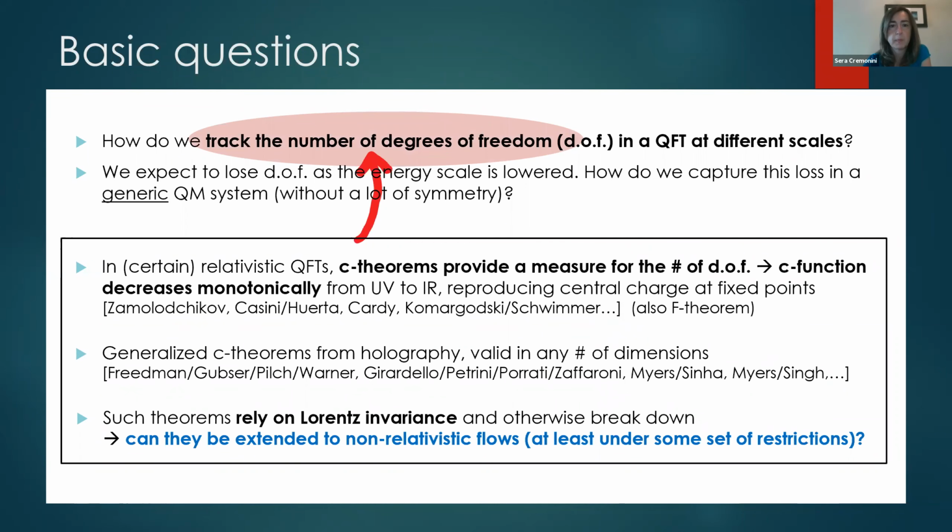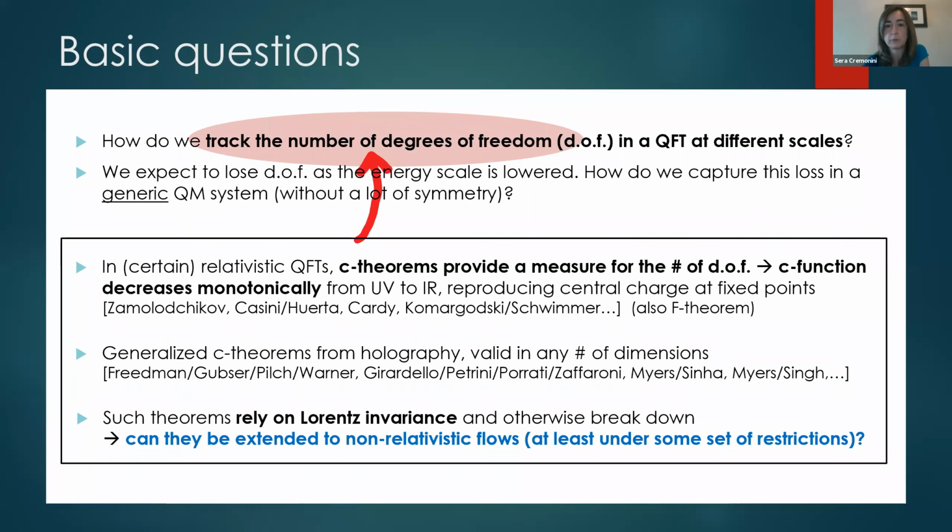Now there's been progress on these questions. In particular, if you have relativistic field theories and somewhat special field theories, there have been cases where c-theorems have been proven. So in particular, the c-theorem tells you that, in cases where this has been done, you can find a function that interpolates monotonically between central charges in the UV and in the IR.